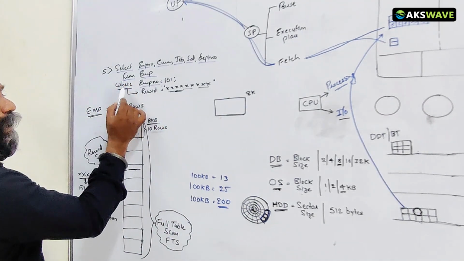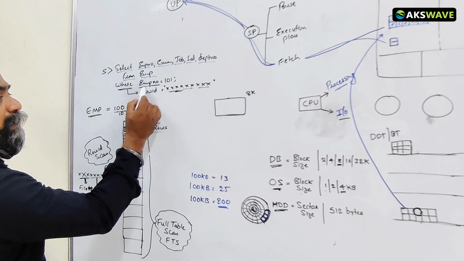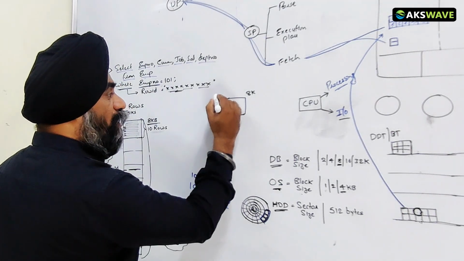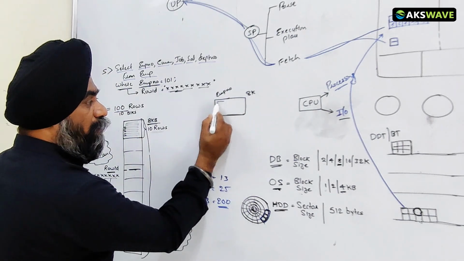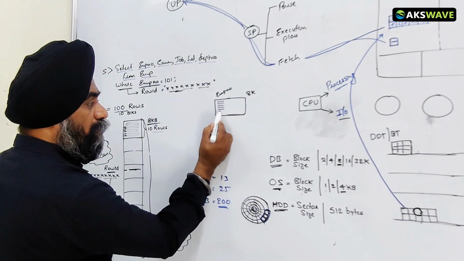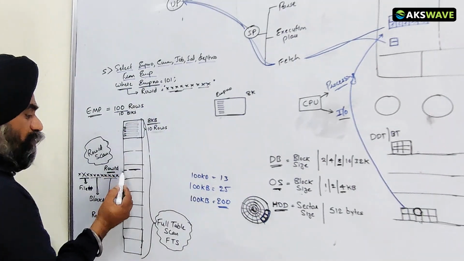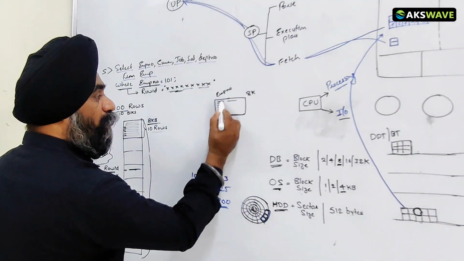Now, in this query, as per the example, where, what is the column I'm using mainly? Employee number. I'm going to use the first column is employee number. So I got all employee numbers here. First column in that. And the second column is the row ID.